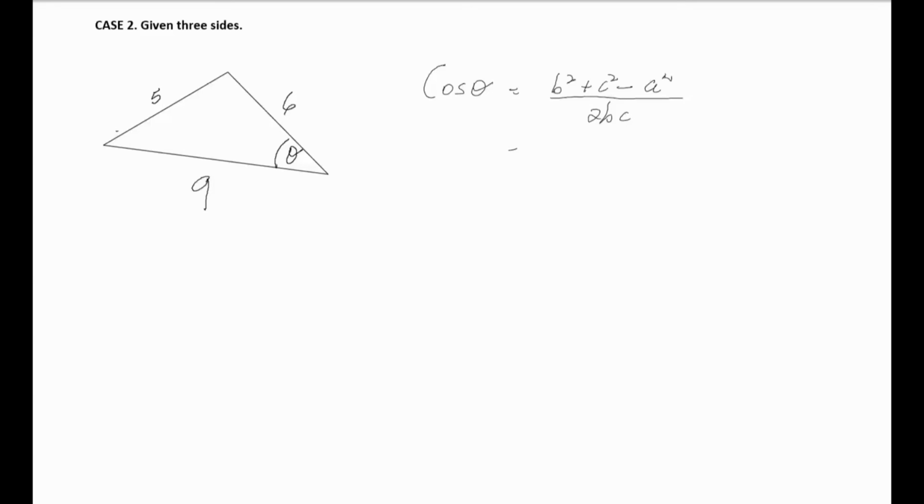So we are going to have now 9 squared plus 6 squared minus the third side is 5, so we have 5 squared, which will be the side opposite the angle we need to find, over 2 times 9 times 6.